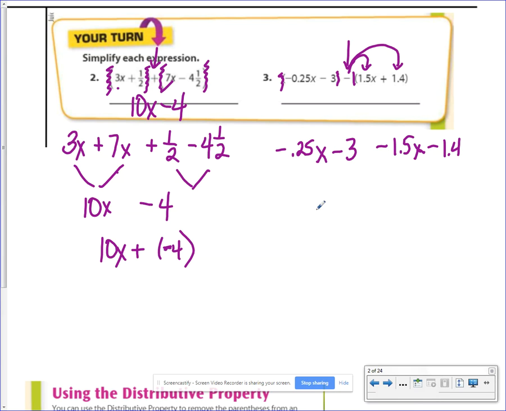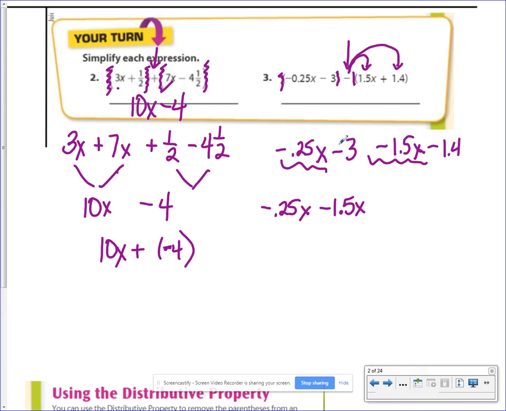Okay, now I can rearrange the order as long as I understand that I treat this as negative 25/100ths x. And then I think of this as adding a negative 1.5x. As long as I keep that sign stuck with it, I can rearrange the order.